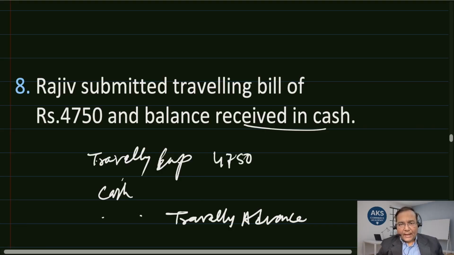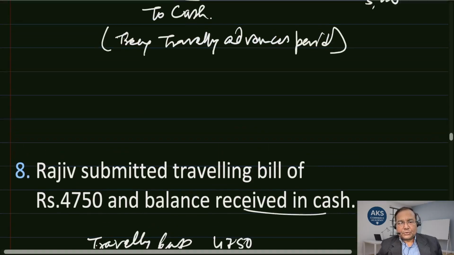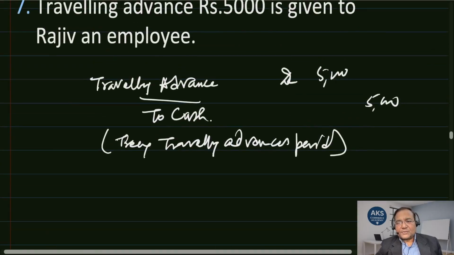4,750. Cash is also given back to the business or the firm. So how much cash has he taken? 5,000, out of which 4,750 he has given. So 4,750 is spent, 250 remains. So total advance is 5,000. Now if you see its implication, traveling advance was debited by 5,000 rupees.